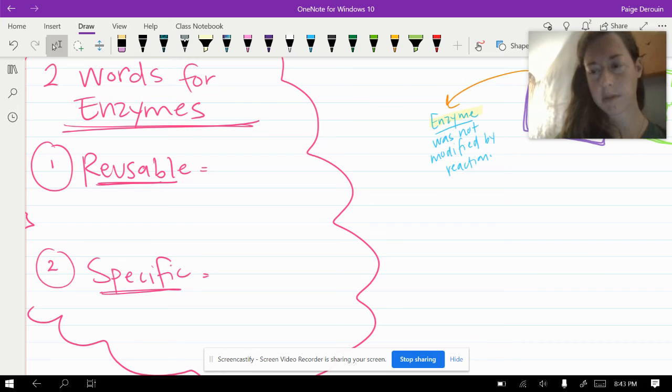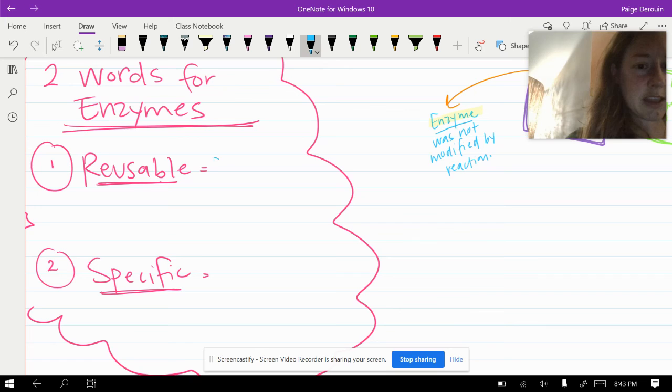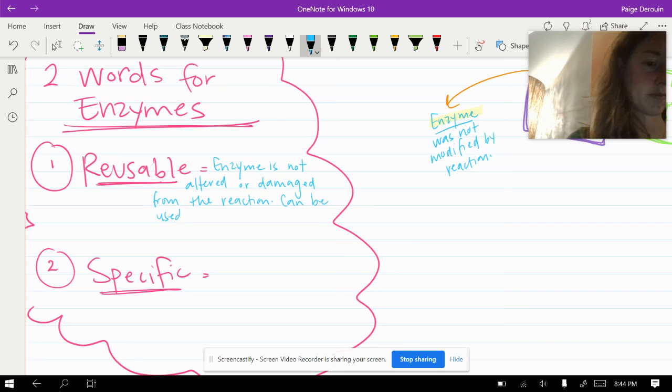Reusable obviously means it can be used again, but for our purposes, what it really means is that the enzyme is not altered or damaged from the reaction. So it can be used over and over.